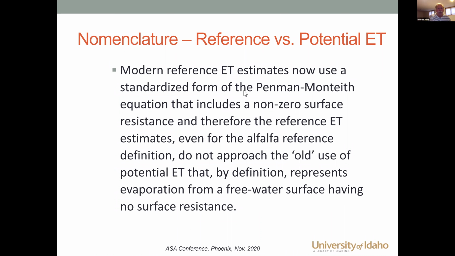So this is just a statement on what reference ET now represents. It's computed by the standardized Penman-Monteith with a non-zero surface resistance. And it is different from the old definition of potential ET that is coming from a wet free water surface.